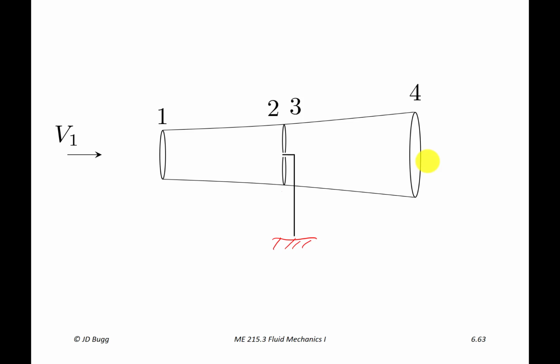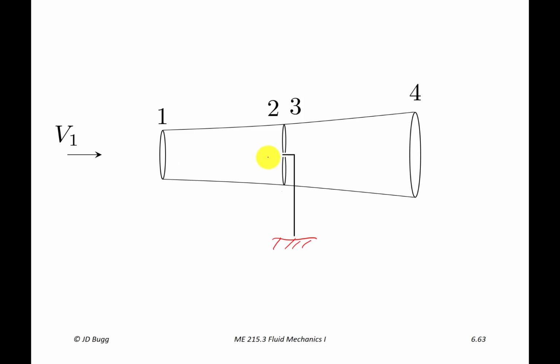And then finally, location 4 is the exit of our stream tube, or the exit of our control volume that we've identified. So this is the control volume that we're going to use for our one-dimensional analysis. Now again, to come back to the word one-dimensional, we're looking at variations in velocity and pressure as we move in the axial direction. This is the axial direction. So that's the one-dimensional analysis.